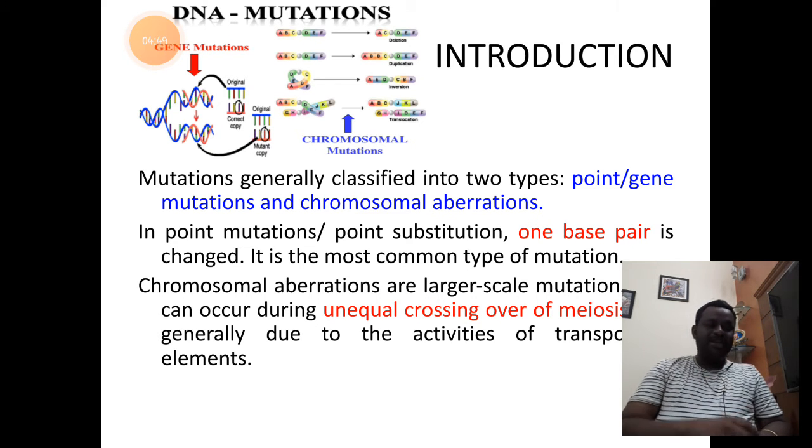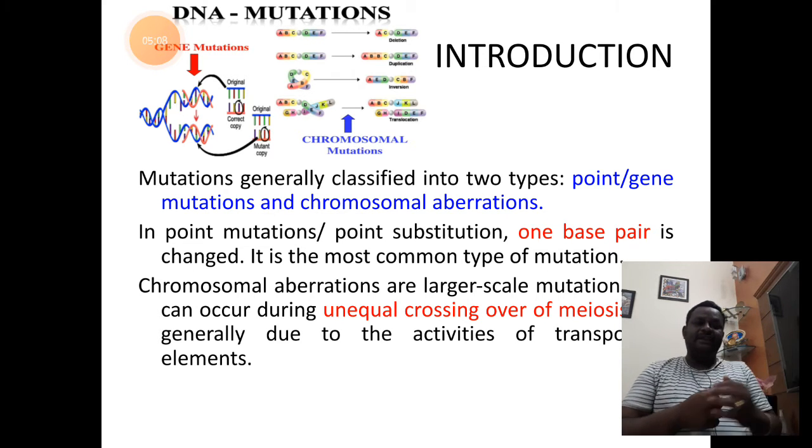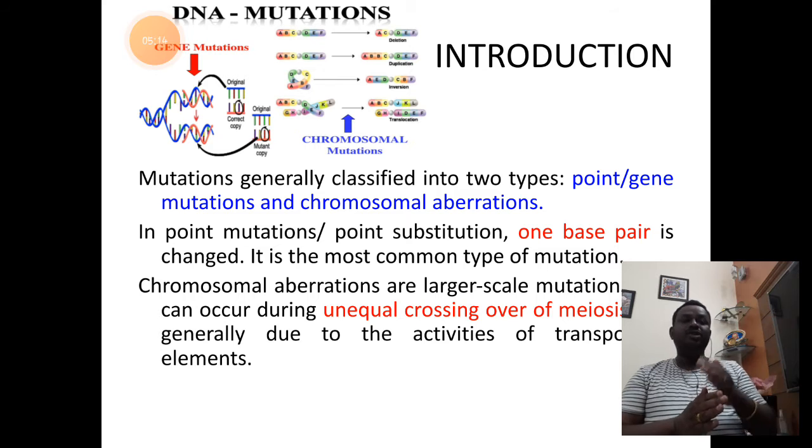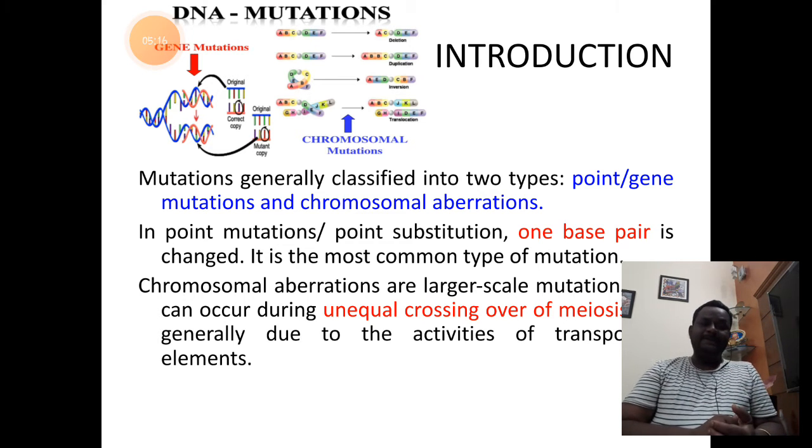In point mutations, a single nucleotide shows change of the DNA sequence. It takes place by the processes of deletion, where a nucleotide sequence is removed. Substitution, where instead of one nucleotide, another nucleotide may be added.